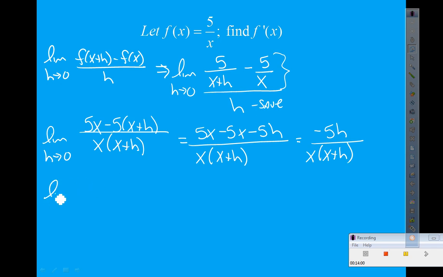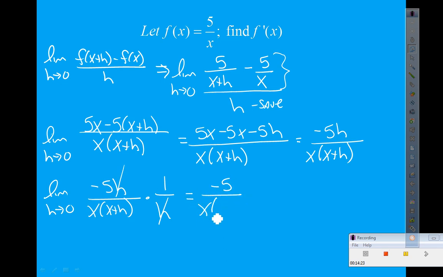Finally, guys, at this point, I'm at negative 5h over x times x plus h. Now I'm finally going to let this divided by h come out. So I'm going to treat that as times 1 over h. Now watch what will happen. These h's will cancel out, leaving me negative 5 over x times x plus h.